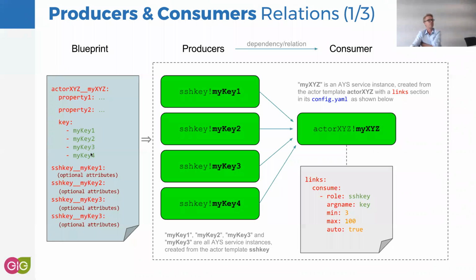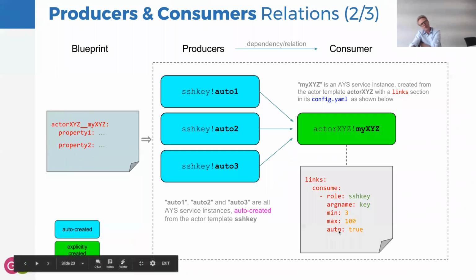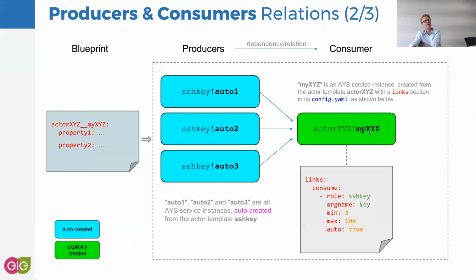See? Now, the nice thing about this is, next slide, and see the coloring, green becomes blue. Why is it? Because auto was equal to true, remember. You could also have sent a blueprint saying, you know what, I want my XYZ service that is based on this template, with these properties. That's the only thing I say to AYS.